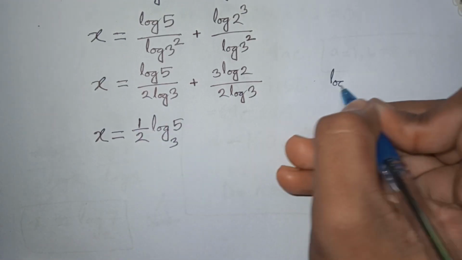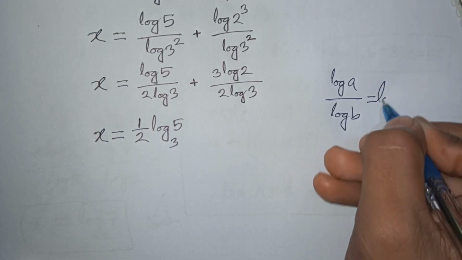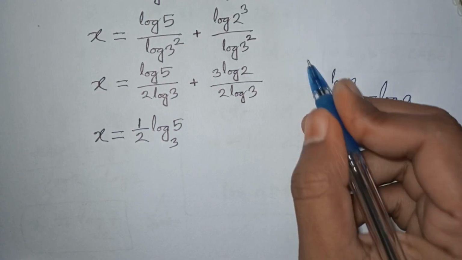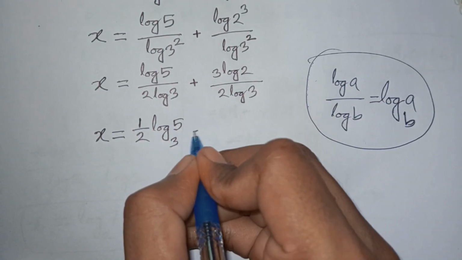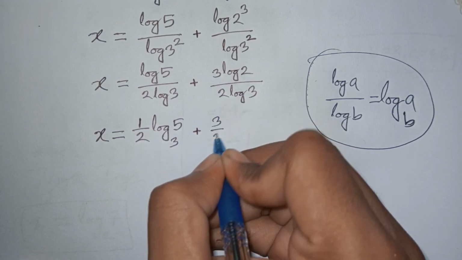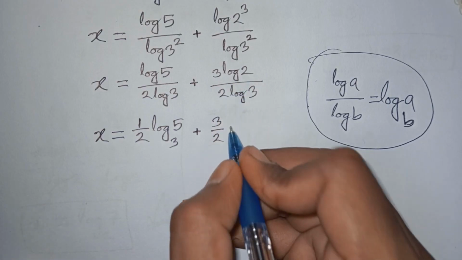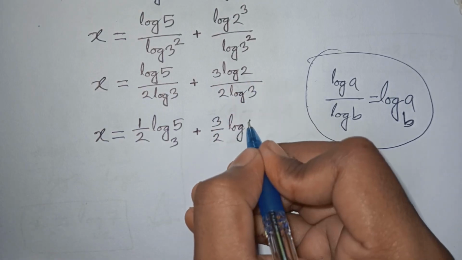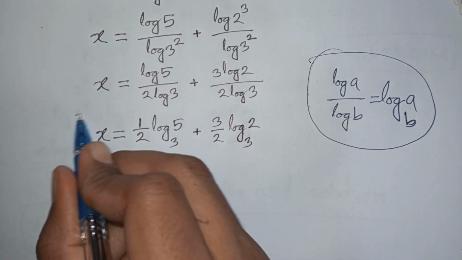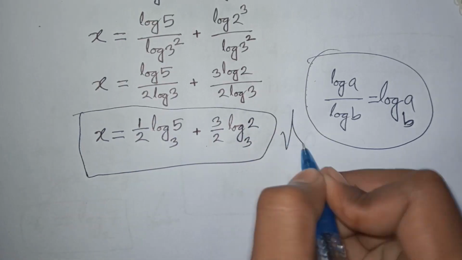According to this formula, log A divided by log B is equal to log A base B. Then plus 3 over 2, then log 2 over log 3 is the same as log 2 base 3. So this is the value of x. So this is our final answer.